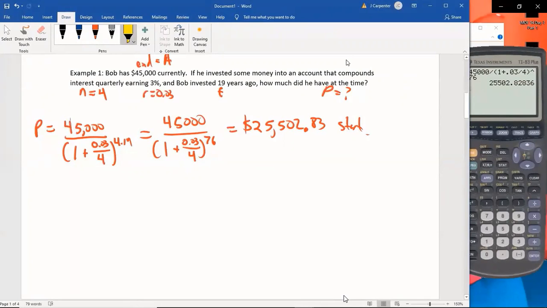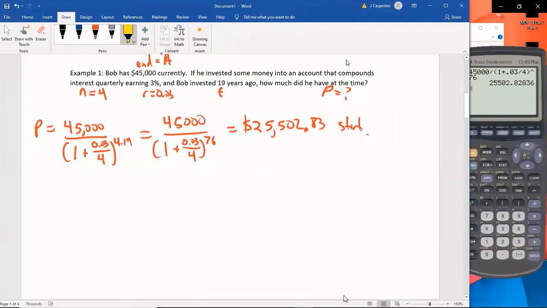What I'm saying is, with this measly 3% over 20 years, it's not like we started with $100. If we started with $100, that interest rate would have needed to be probably 15 or 20%, or the time would have needed to be 50, 60, 70 years to see that explosion of money. This seems nominal. It might seem like a little more than you might expect, but it is correct.